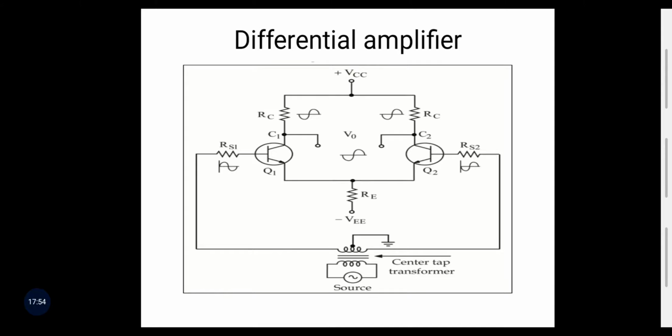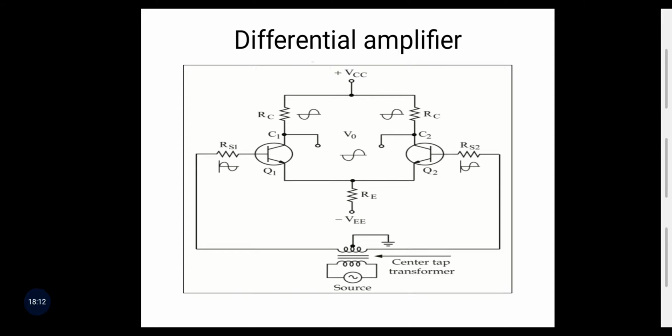Here transistors Q1 and Q2 are identical, and we supply the voltage plus VCC and minus VEE. The emitter resistor RE is common for both.